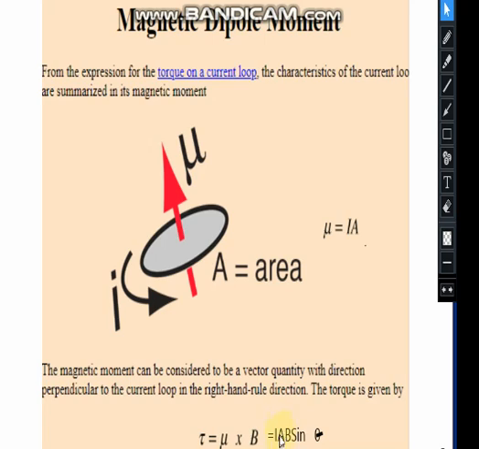So this is the theta between the normal to the plane of the loop and the magnetic field B in which it is placed.